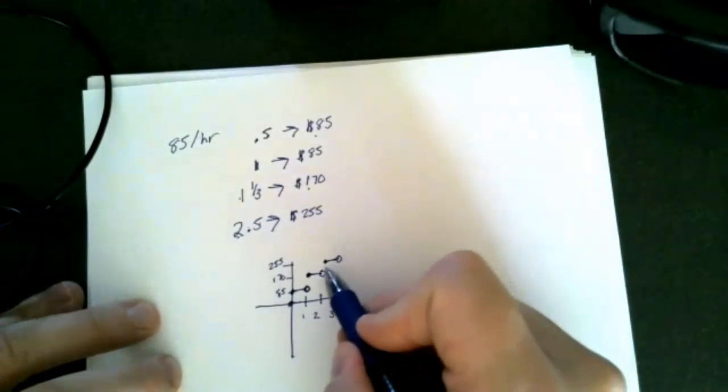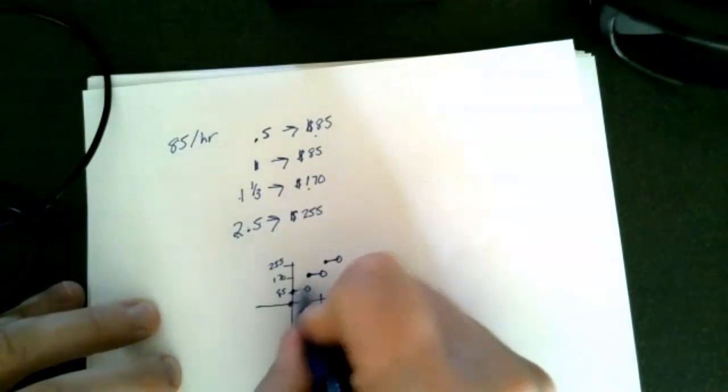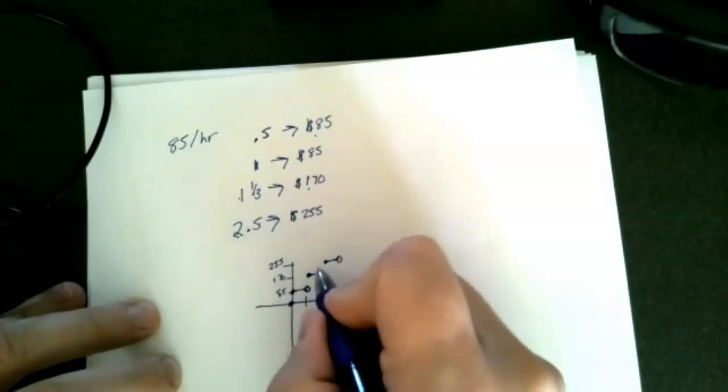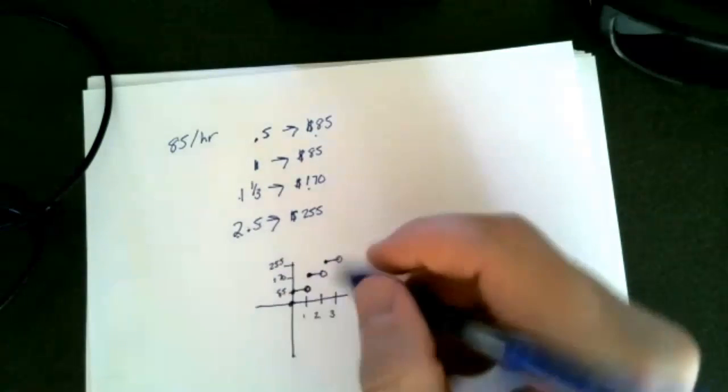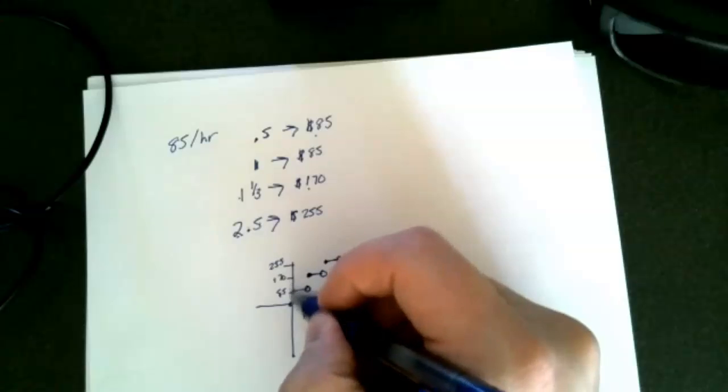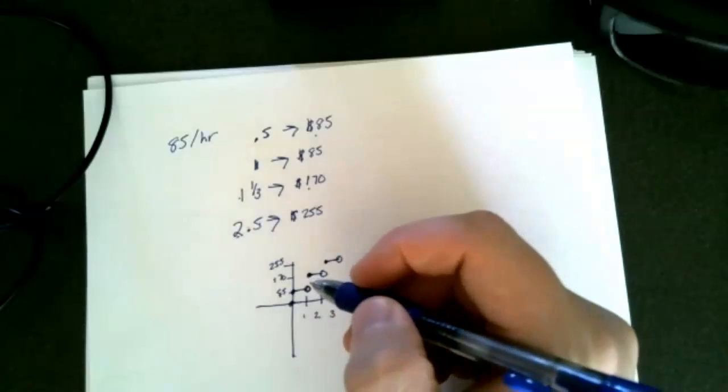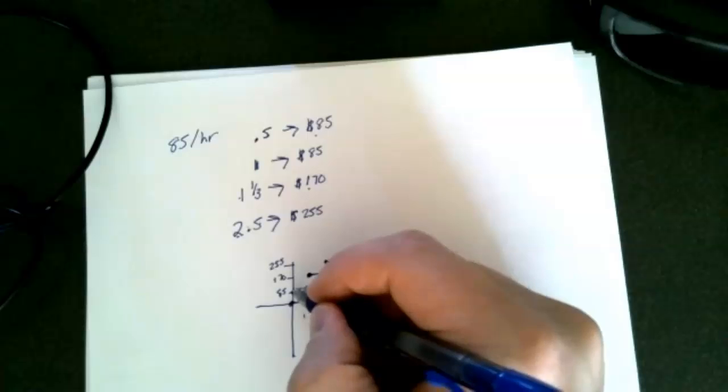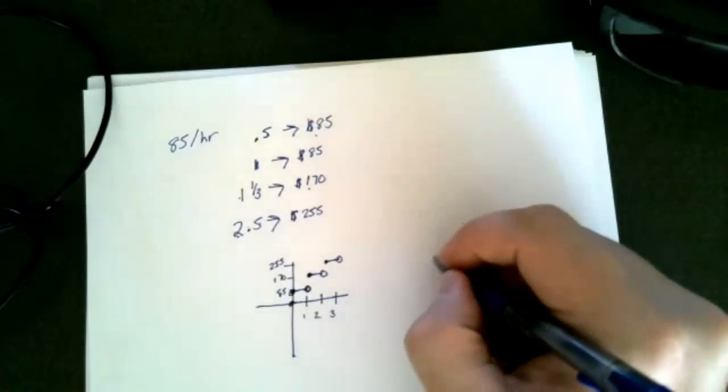The mistake I made is I drew my closed dots on the wrong side. And it took me a second to conceptualize it, that if I have 0 hours, I can't really have 0 hours of time spent. So it would make more sense to have my open dot here.